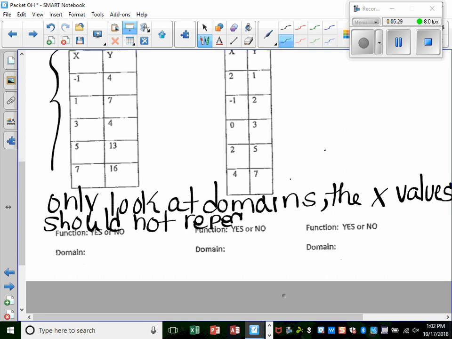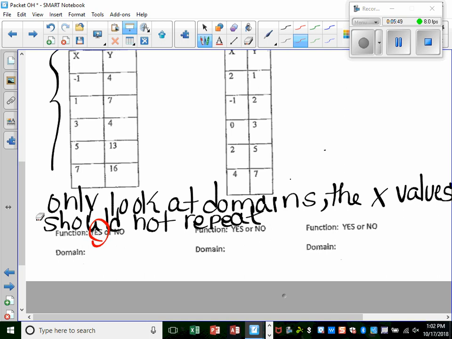You don't want the X's repeating at all. So I'm looking at these X's. I have -1, 1, 3, 5, and 7. They are not repeating. Like I don't have another -1 or I don't have another 1 and so on. So yes, this is a function. Okay, that is a function.